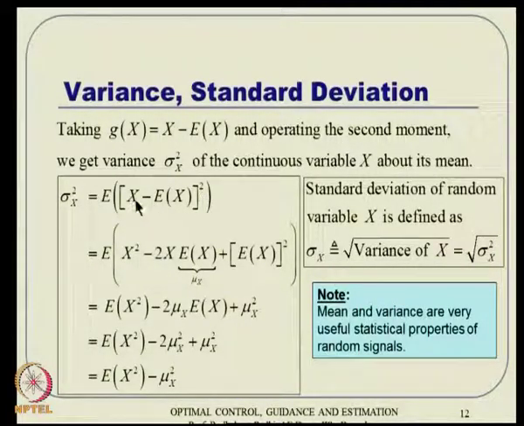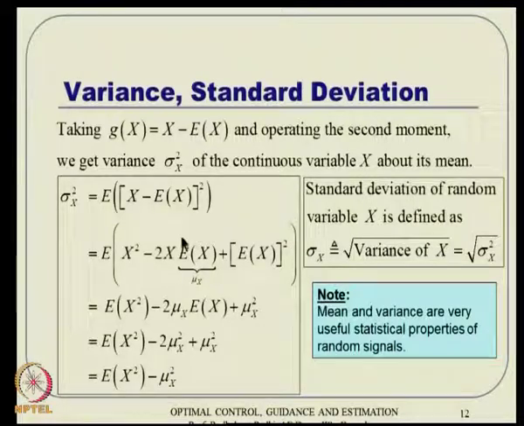Now, essentially this is a number finally, the value is not known, but it is a number, and this is also a number. The expected value is a deterministic mean value, it is a number. So, when you have this sort of square operation going on, you can use the a minus b whole square formula. Then it turns out to be something like x squared minus 2x times the expected value of x plus the expected value of x whole squared.